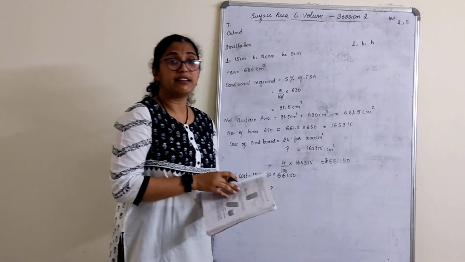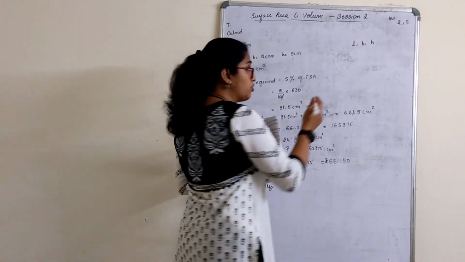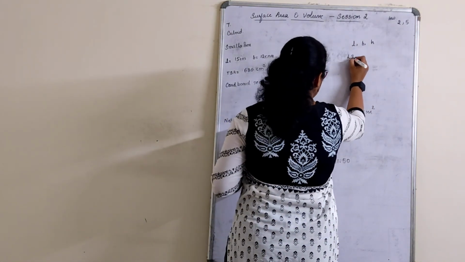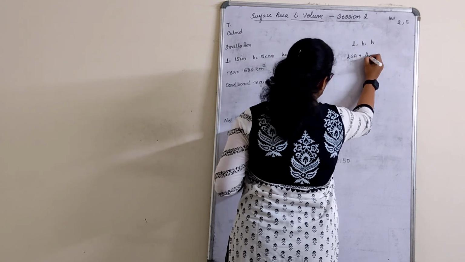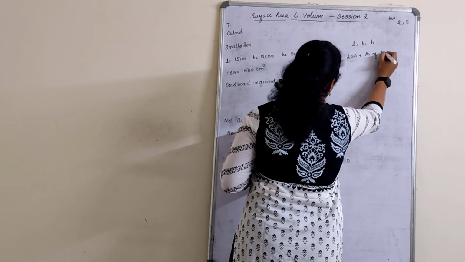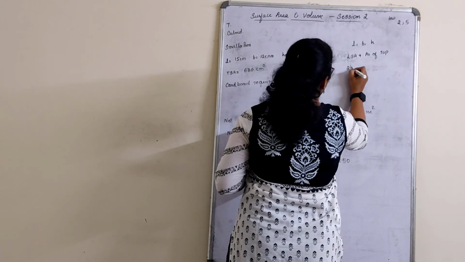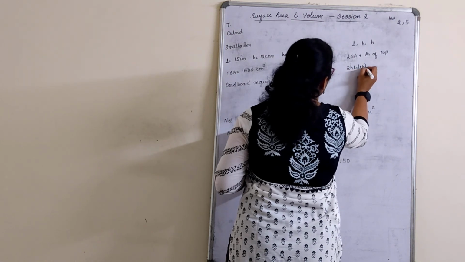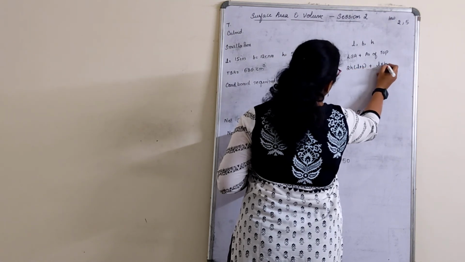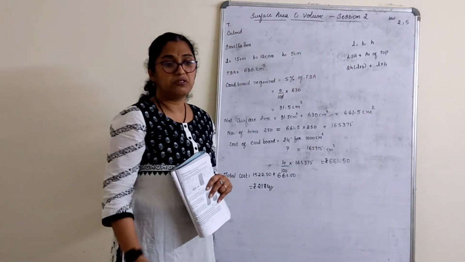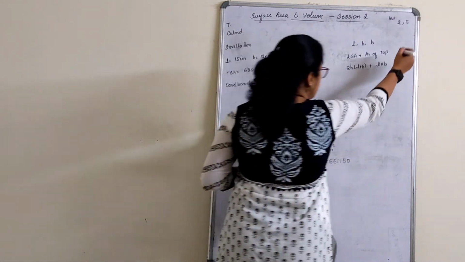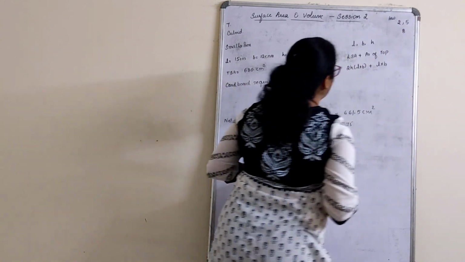You have to calculate the area of tarpaulin required. That would be LSA plus area of top. LSA formula is 2h(L plus B), plus L into B. Substitute this and do this simple one. The 8th one I am marking for homework.